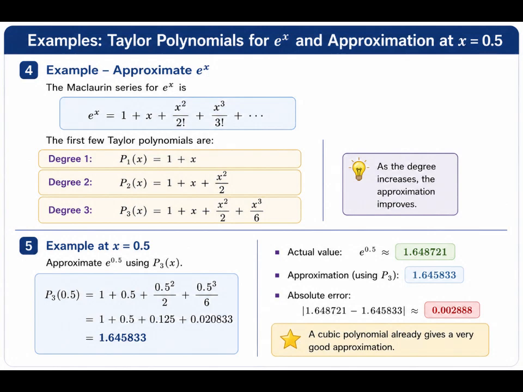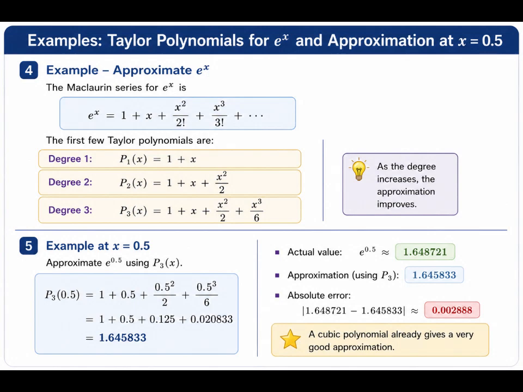This example illustrates one of the central ideas of Taylor approximations. As the degree of the polynomial increases, the approximation becomes closer to the actual function. Of course, whenever we replace a function with a polynomial, some error is introduced.